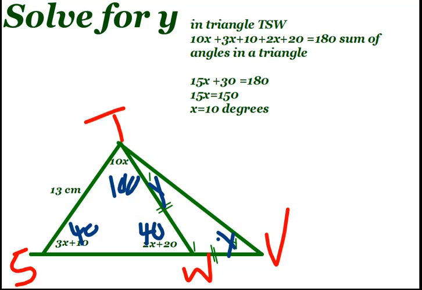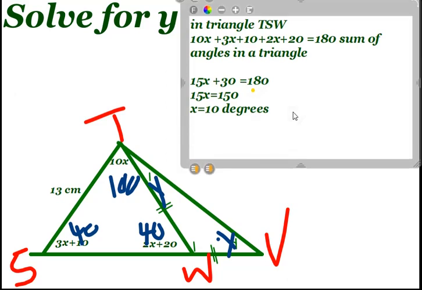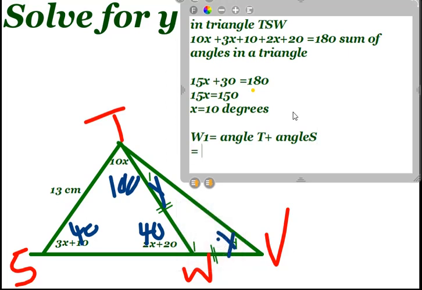So they ask us to solve for y. And if we need to solve for y, we can get that one. So let's write it down. To get W1, we can say angle T plus angle S. And that is equal to 100 plus 40, which is 140 degrees.